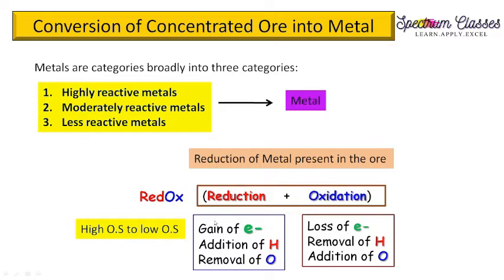Similarly, if we have plus 3 and we add 3 minus, then we get 0. On addition of electrons, the oxidation state converts from high to low. Similarly, for oxidation, it converts from low to high oxidation state. I hope you understand these redox reactions, or the reduction as well as oxidation terms.